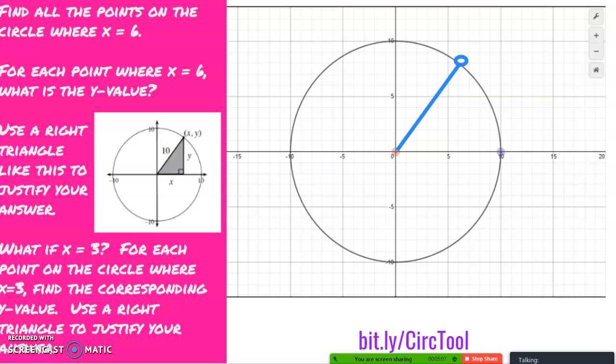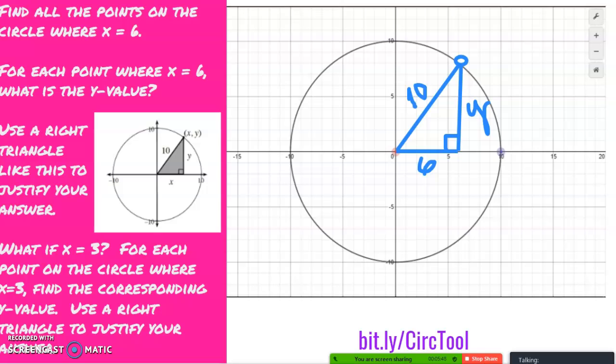I'm drawing a line from the x-axis up and from the center out the x-axis. And that, whoops, is not the way you show a right angle. That's a right angle. That's a right triangle. And there's something that we know about right triangles. If we know that the length of this is 6, and we know this is the radius, so we know that's length 10, we can find this y value, even if we can't tell from the graph what it is, even if it's not on a lattice point.